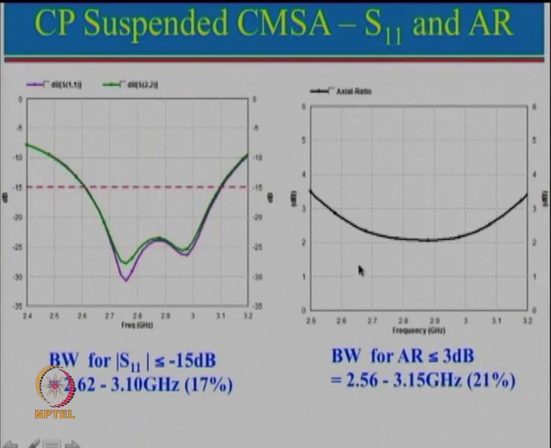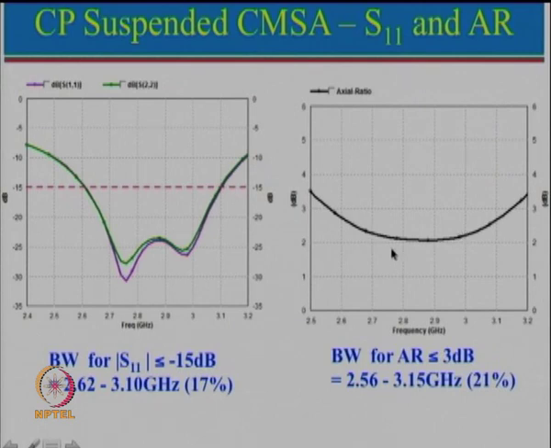Now, corresponding to this, this is the plot for axial ratio versus frequency. This is the axial ratio 3 here. Axial ratio less than 3 dB bandwidth is very large, about 21%, whereas our requirement is only about 7%. For that requirement from 2.7 to 2.9, axial ratio will be better than about 2.3 or so.